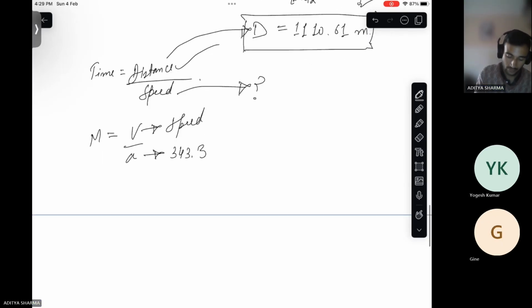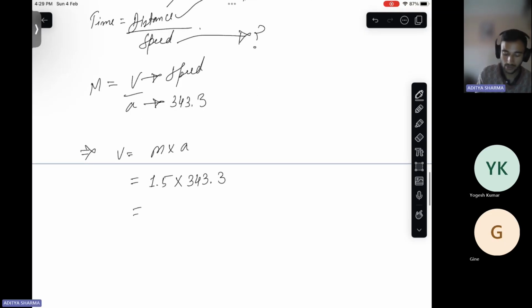This implies V equals M into a. Mach is 1.5 into 343.3. Give me this value. 514.9. Yes, 514.9. Okay, thank you.